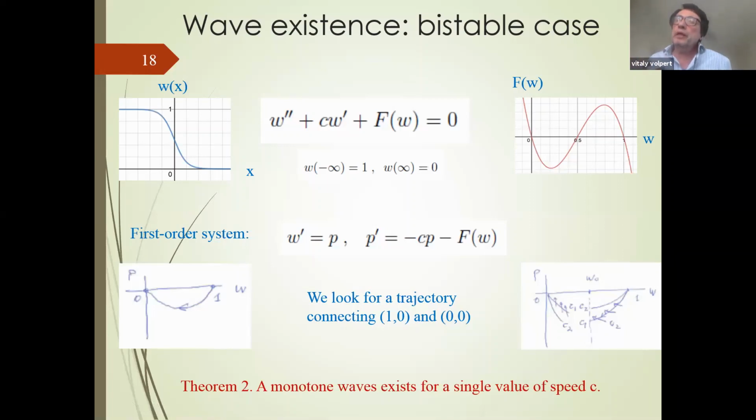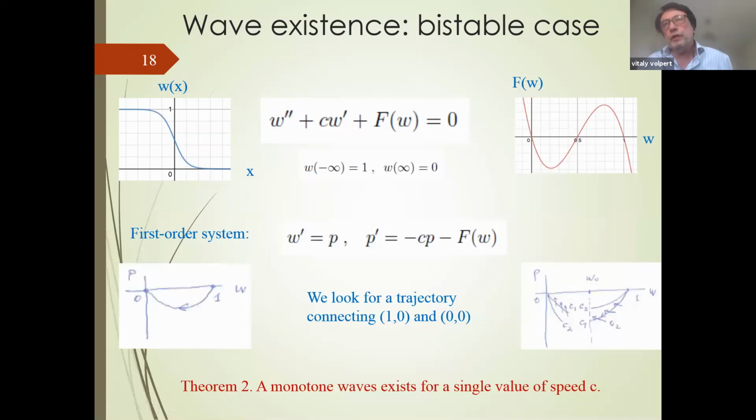So like that, we again obtain a very simple and very nice result that solutions like that, reaction diffusion waves, in the bistable case exist for a single value of speed C. So again, let us keep in mind this result. It is a classical result in the theory, and it's very useful in applications.